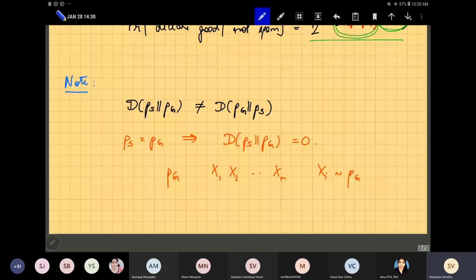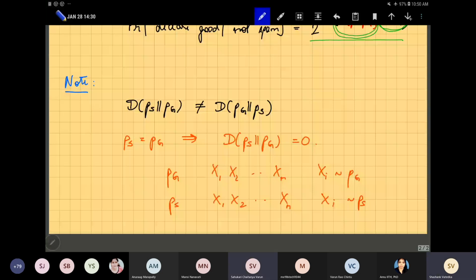If someone decides to send you a spam email, then they send you another sequence x1, x2 up to xn, which we assume is IID, but is now distributed according to the spam distribution. So maybe certain words occur more frequently in the spam distribution, whereas some other words occur more frequently in the good distribution.